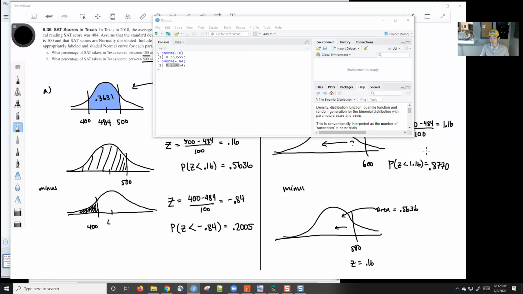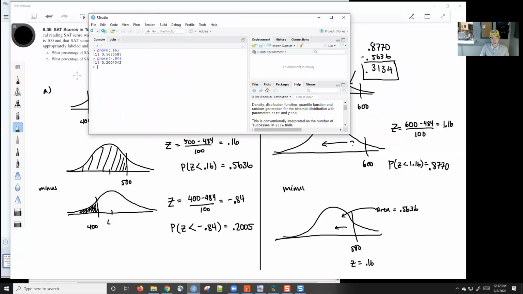So that's the equivalence there. There's also another way. I don't think it's very hard to calculate a z-score, but if you wanted, for this answer of 0.2005, you can get the equivalent by saying 400, mean equals 484, standard deviation equals 100, and you get the same answer.